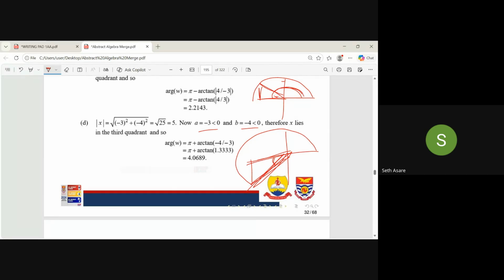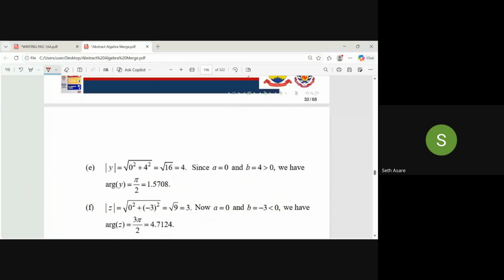So once I am able to get here, I'll add this side to this small one. Then it will give me the angle that I need. So this 180 here is pi, and this small angle that I said was here. So adding this one to the 180 here gives me the angle of what I want.